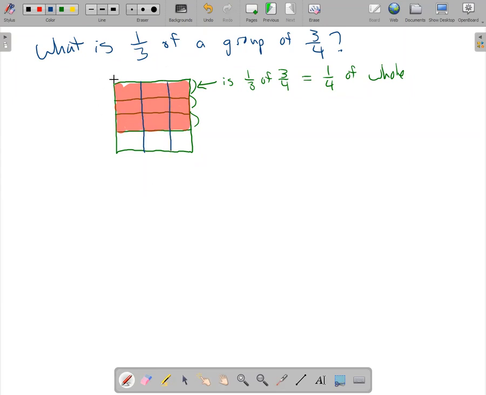And I want 1/3 of this 3/4 here, which is just this chunk right here. What part of the whole is that? Well, I have 1, 2, 3 pieces there out of this grid, which is 3 by 4, which is 12. So one answer would be it's 3/12 of the whole.